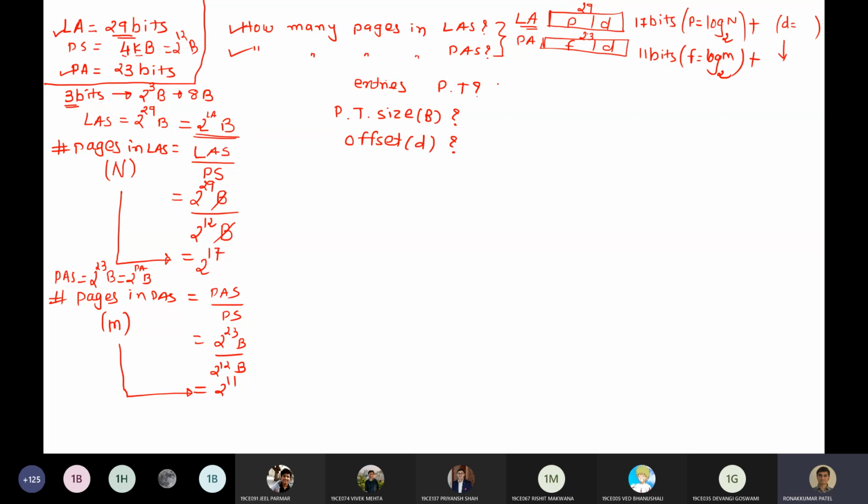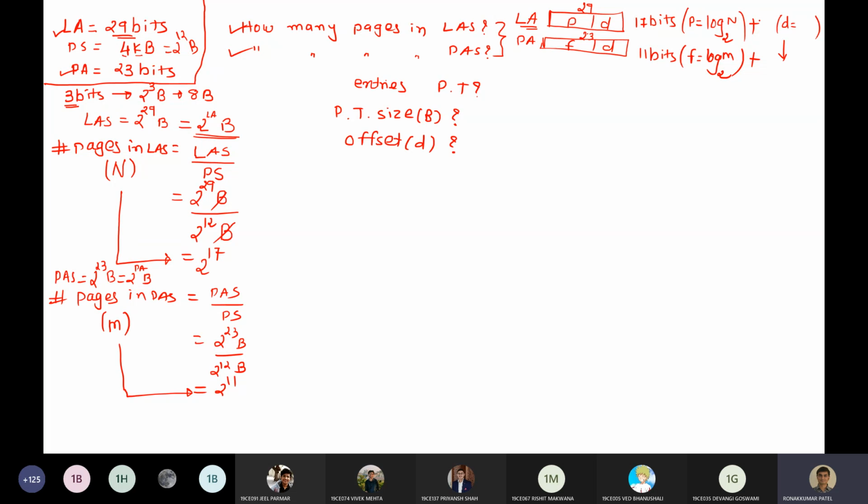So once you locate that, in that page which byte, because you have 2 raised to 12 bytes, to address that thing, how many bits are required? You have 2 raised to 12 bytes, और 2 raised to 12 bytes को मुझे अलग अलग एड्रेस देने हैं, तो कितने बिट्स चाहिए?